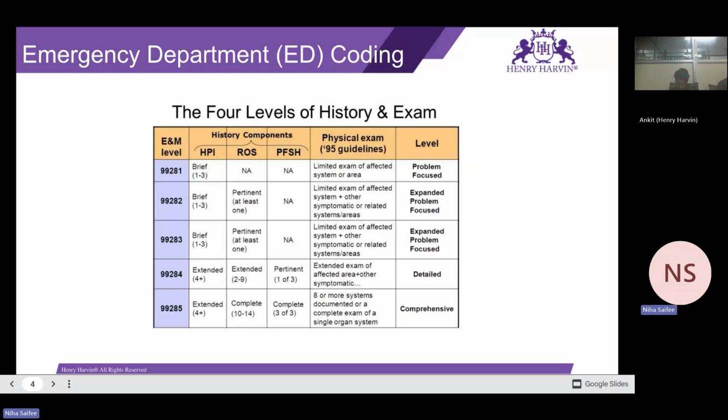Okay, so what is the level? A level can be problem focused, expanded problem focused, detailed or comprehensive. Okay, so whenever a patient is coming into an emergency, you can never say that the patient is always fully conscious to tell everything about the history.